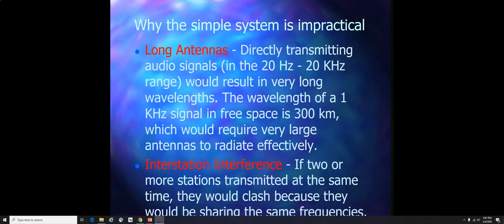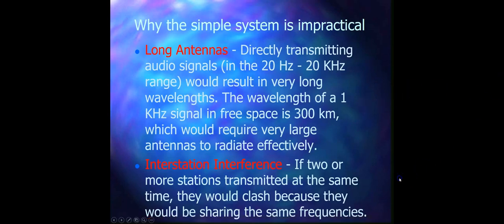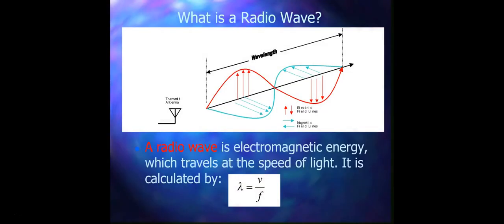And the second problem here is interstation interference. If two or more stations transmitted at the same time, they would clash because they would be sharing the same frequencies. So these two problems we are going to discuss in detail in the coming slides. But before that, we need to know what wavelength is. So here it says what is a radio wave.